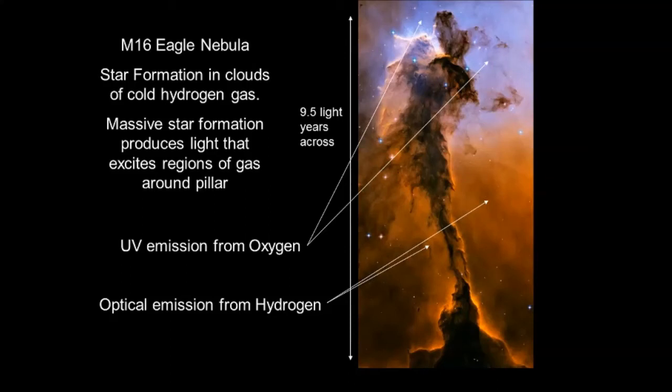Now, we also took an image in the ultraviolet to pick up emission lines from oxygen, okay? And the reason we're going to do that is because the stars that are starting to form here are starting to get really hot. And they're producing a thermal radiation spectrum. And that thermal radiation spectrum is going to start flying into space.